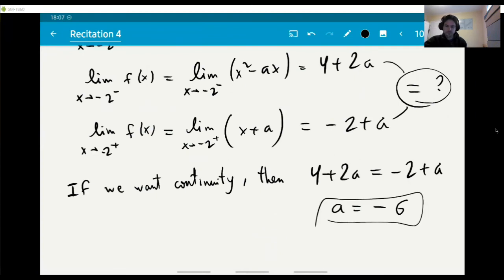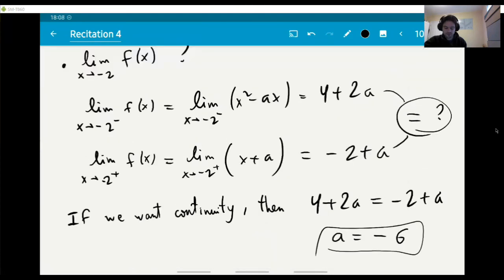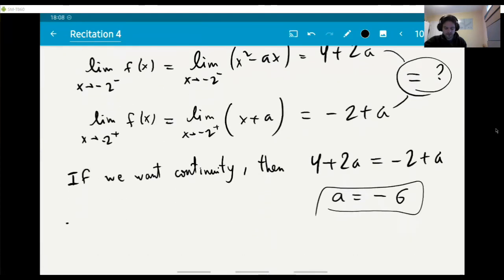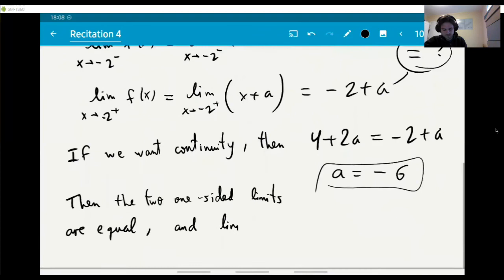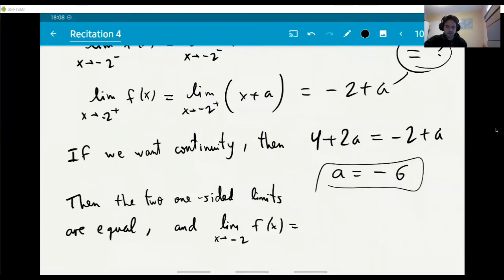So we found the value of a that at least makes both the first and the second item true. If a is -6, then the two one-sided limits are going to be equal. And the limit itself exists. x going to -2, what is the value of the limit going to be?